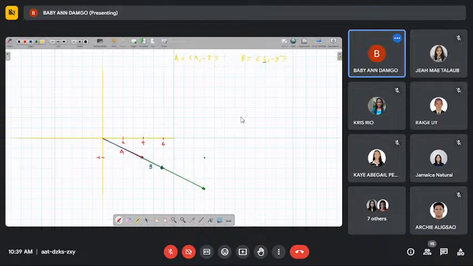So if we add this one, we have A plus B. This is 4 plus 6, so we have 10. And then negative 2 plus negative 3 is negative 5. Okay, so yan na siya.